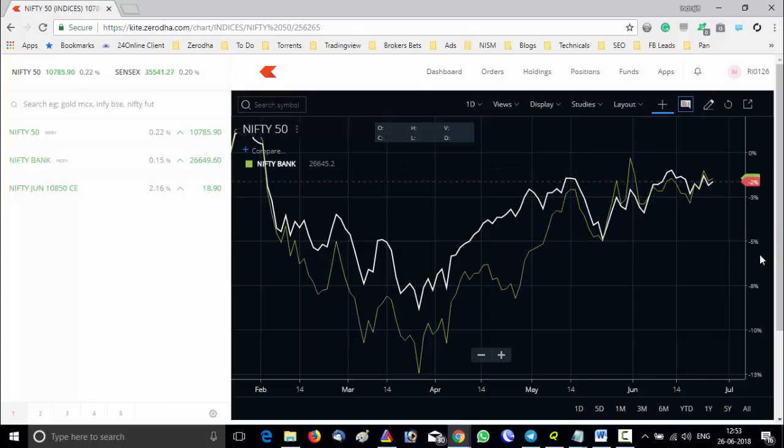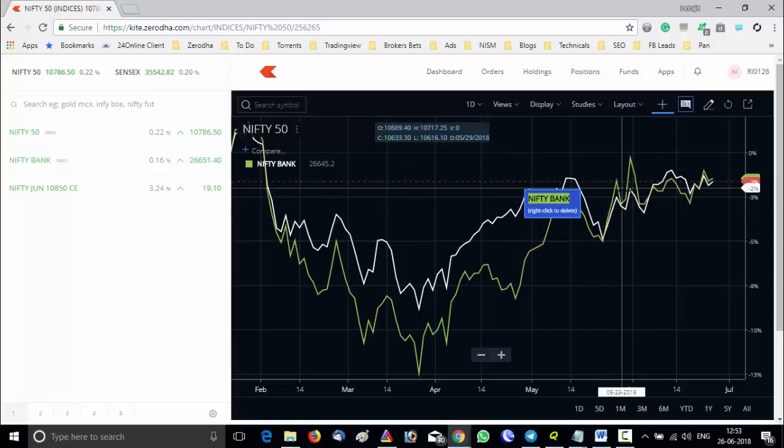So this is how you can do pair trading. You can simply buy Bank Nifty and short Nifty, because Bank Nifty is the stronger part and Nifty is the weaker part. So here you are hedged.